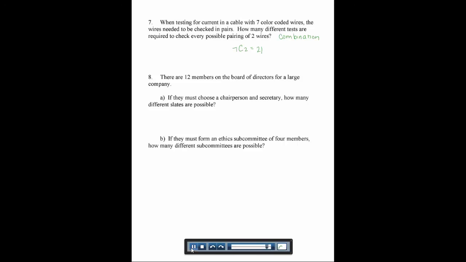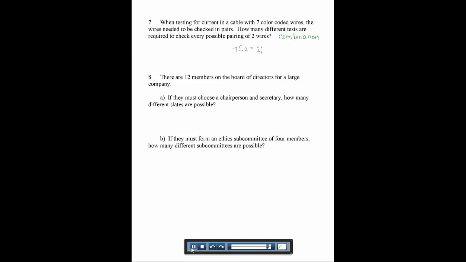Okay, and our last problem says there are 12 members on the board of directors of a large company. So part A says if they must choose a chairperson and a secretary, how many different slates are possible? So how many different ways could you choose these 2 people? Now for this, order does matter because whether you put Bob as the chairperson and Joe as the secretary, or Joe as the chairperson and Bob as the secretary, they're different.